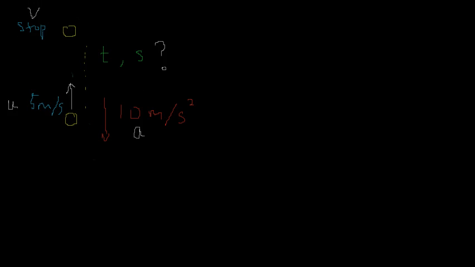The formula was v is equal to u plus at. If I rearrange it, T is equal to v minus u over a. And I can now substitute the values that I know.